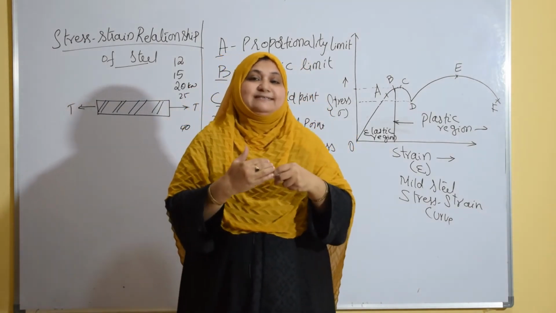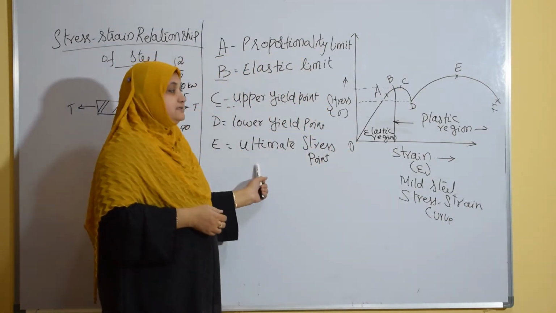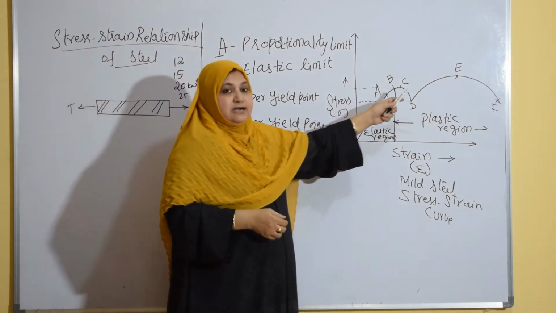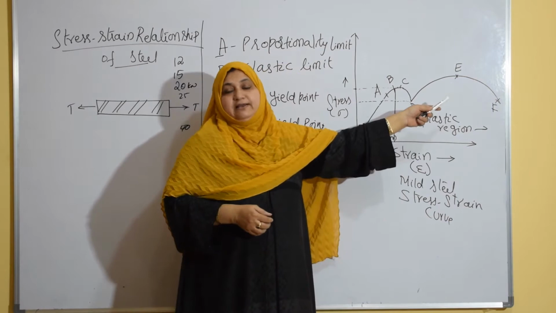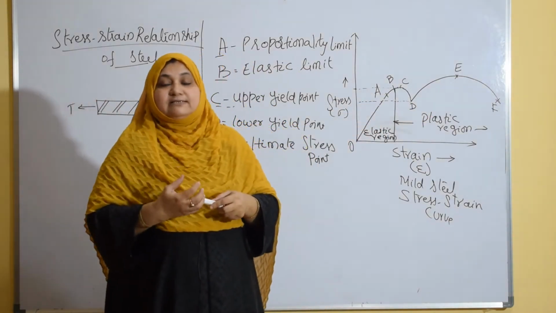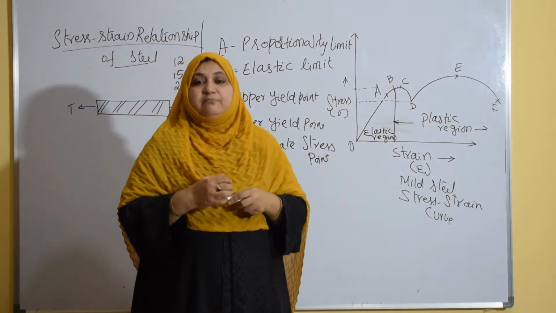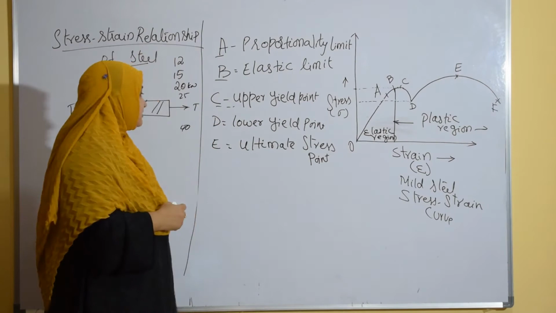It will continue to exist. E is the ultimate stress point. At this load, the material will continue to take the stresses in the deformed shape, but it will not fail.